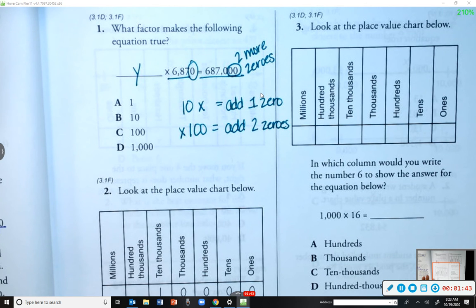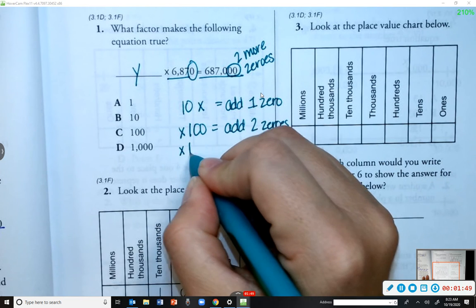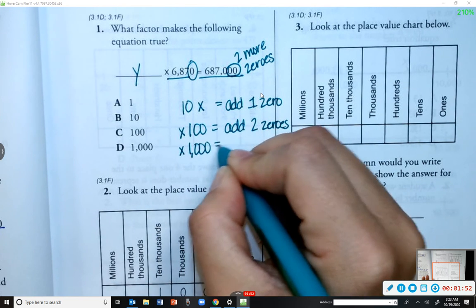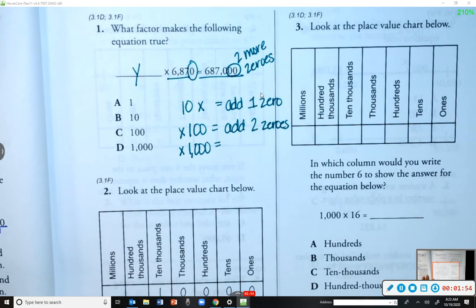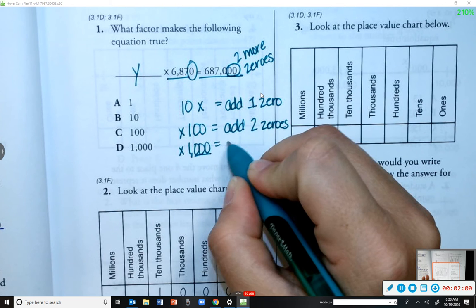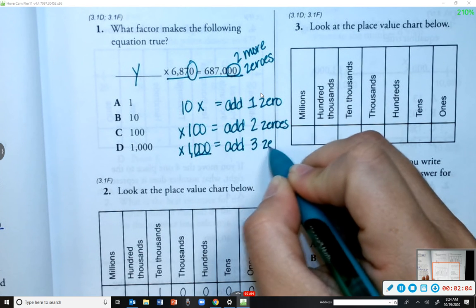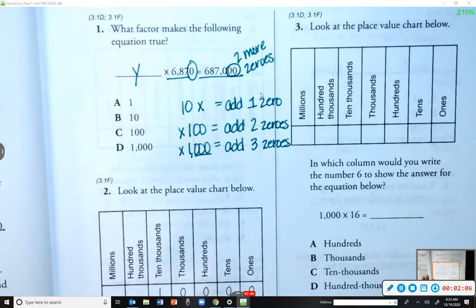So you don't really have to do any work. All you do is put in 2 zeros at the end. Okay? What do you think I'm going to do if I multiply 1,000? It'll turn into add 3 zeros. There's 3 zeros in 1,000. So whenever we're multiplying by 1,000, all you need to do is put 3 zeros on the end of the number that you're multiplying by. Okay?